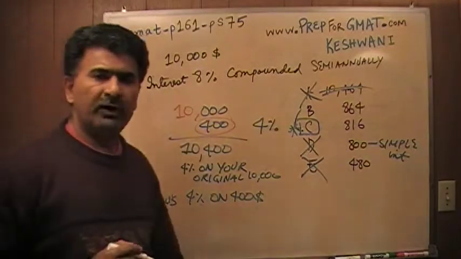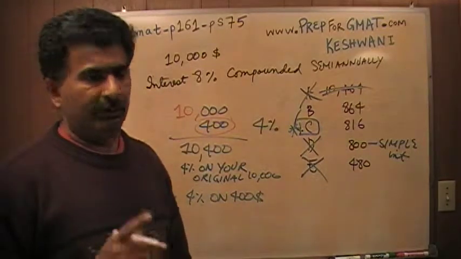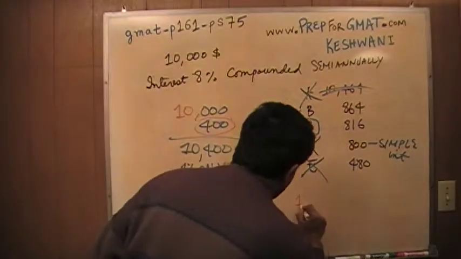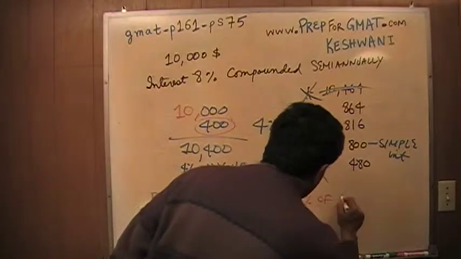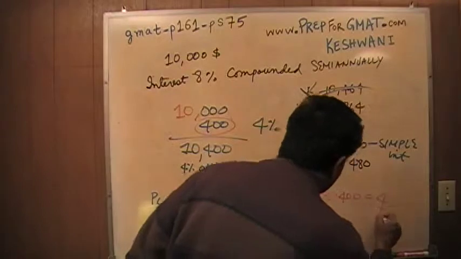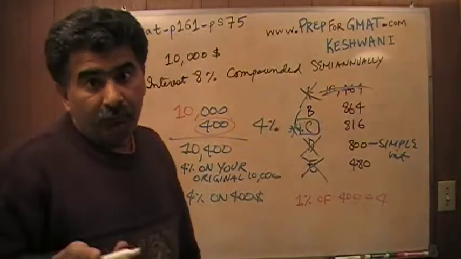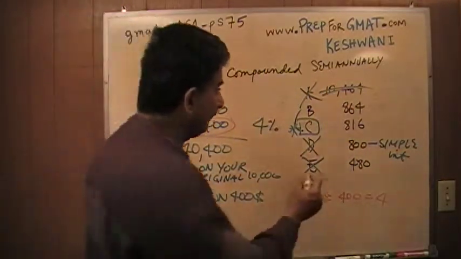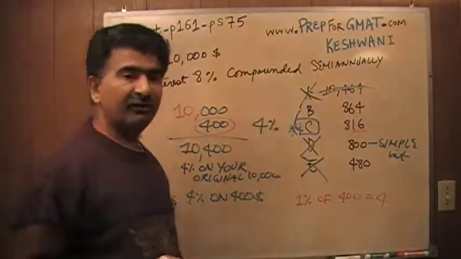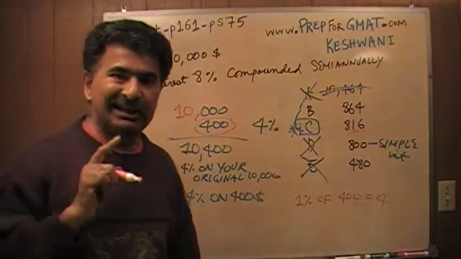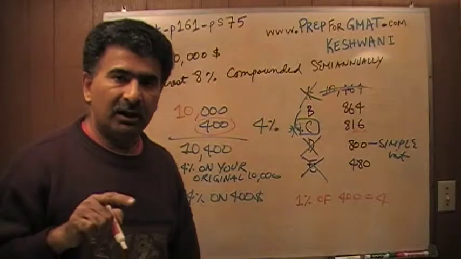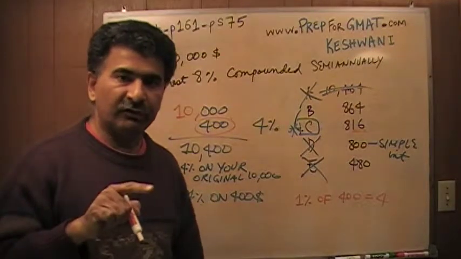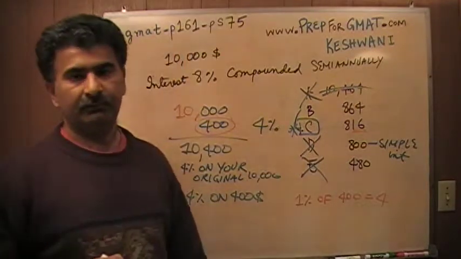What is 4% of 400? Well, I know that 1% of 400 is 4. So 4% is going to be 16. There you go. That's your 16 right here. That extra $16 represents the additional 4% that you will earn on the $400 worth of interest that you earn in the first 6 months.